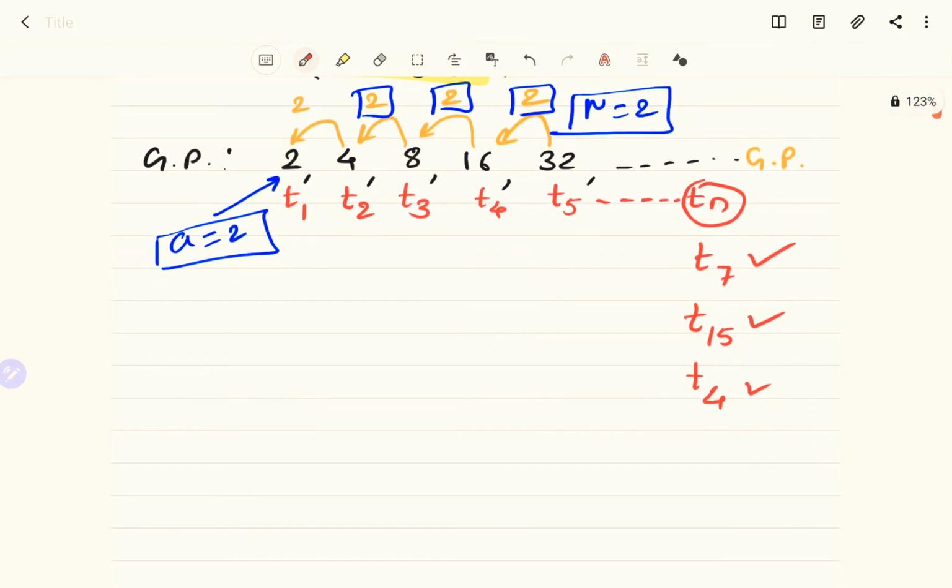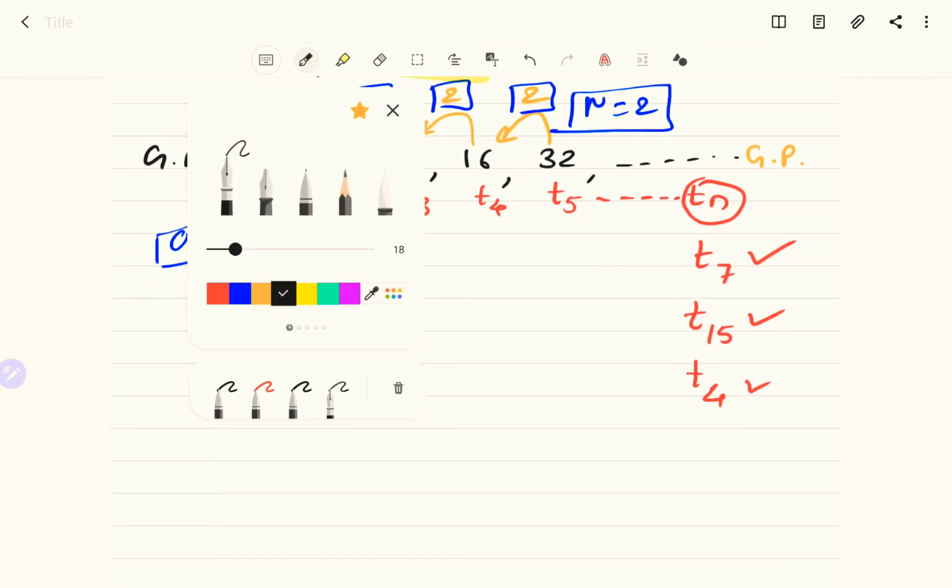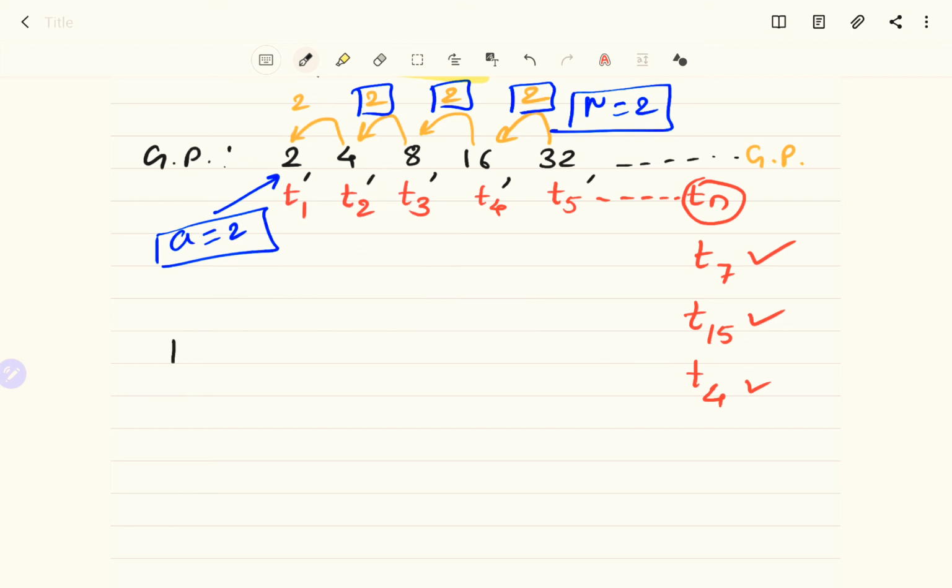Okay, so let's try to find a formula for Tn. Here I am starting with basic things. Let's write T1 first. What is T1? T1 in this case is 2. Let's mark this as a. Then how to obtain T2? Do one simple thing: multiply this T1 with the common ratio, that is 2.